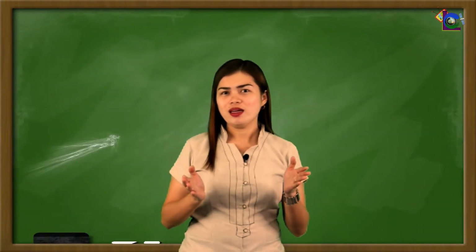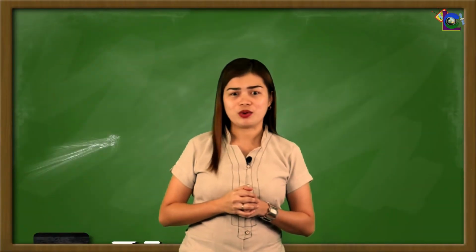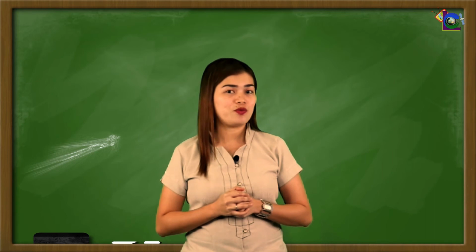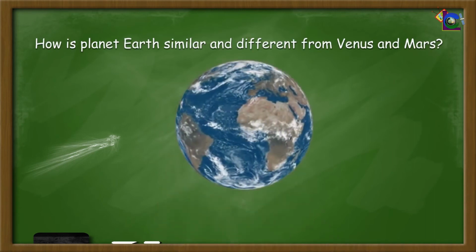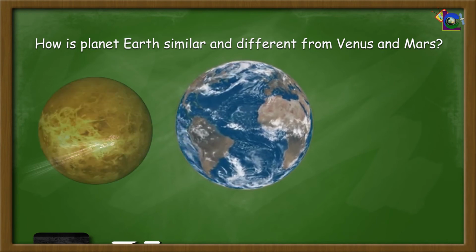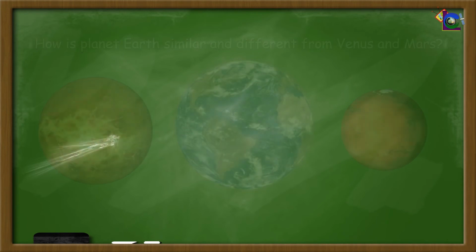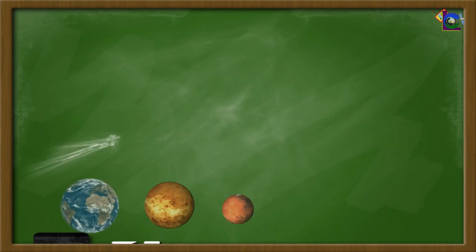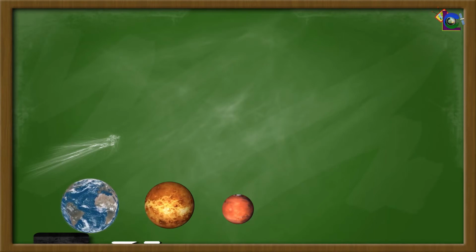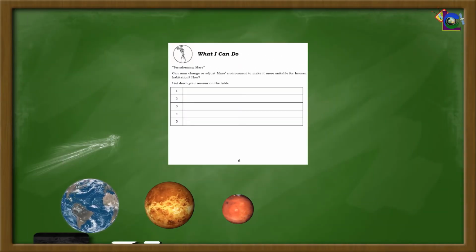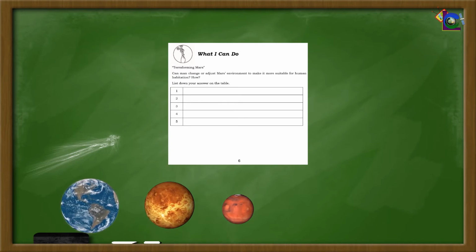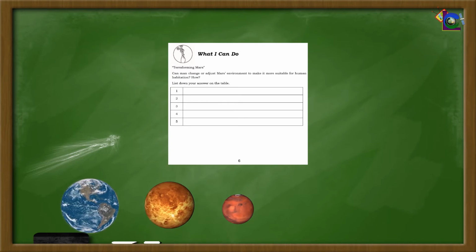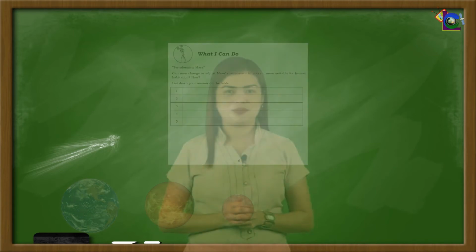Let us test your understanding of the planet Earth by comparing it with Venus and Mars. How is planet Earth similar to and different from Venus and Mars? Provide possible explanations for your observations using the information in the table. You may use your notebook, and it will be checked upon collecting it at the end of the week.